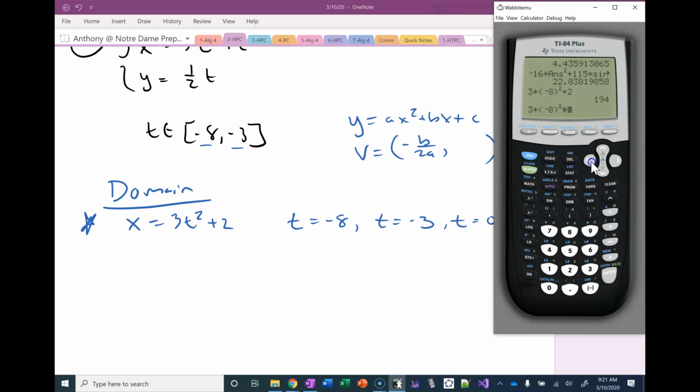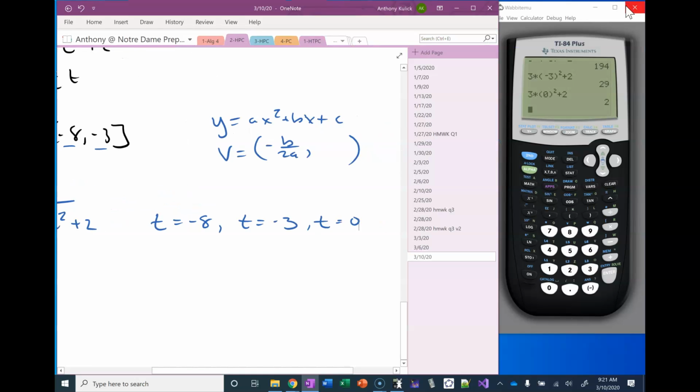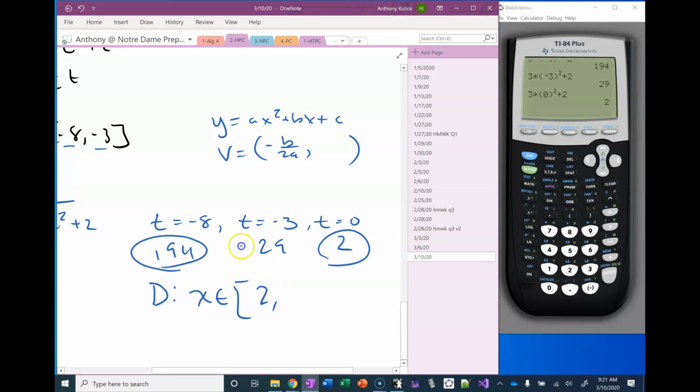And then 3 times negative 3 squared plus 2. And then 3 times 0 squared plus 2. Okay? So my domain then is going to be the set of x's from the smallest to the biggest.